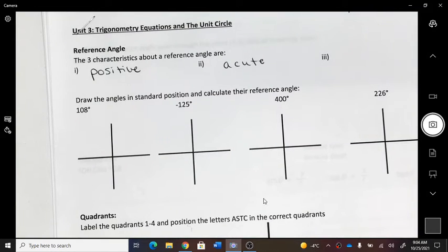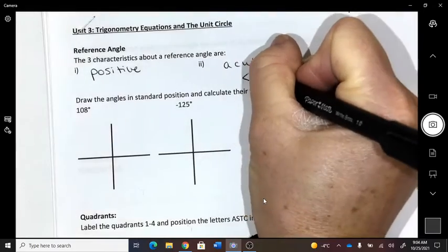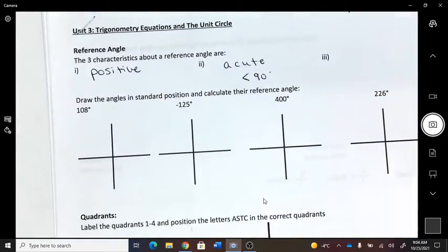Do you know what the word acute means in math? Smaller than 90. I guess it could also be equal to 90, but it can't be bigger than 90.